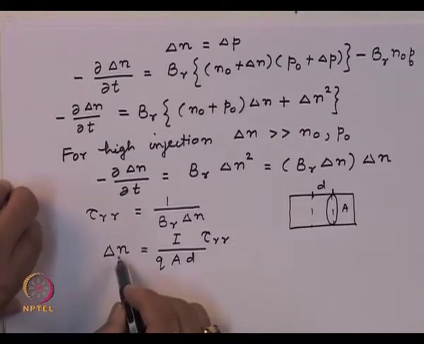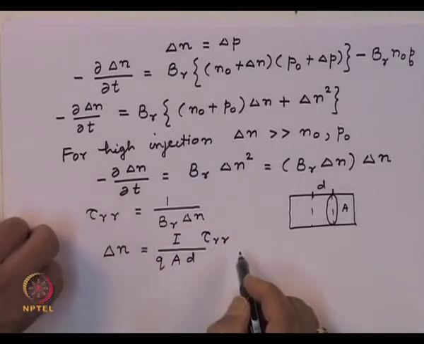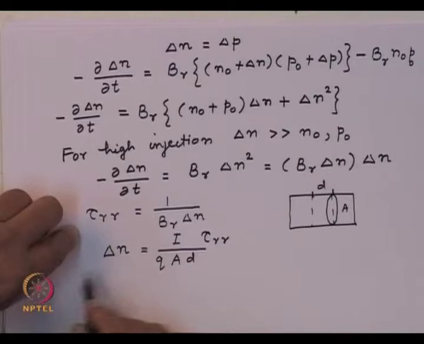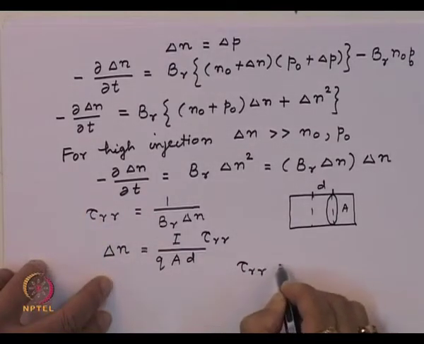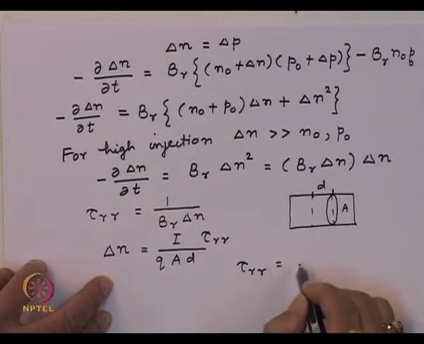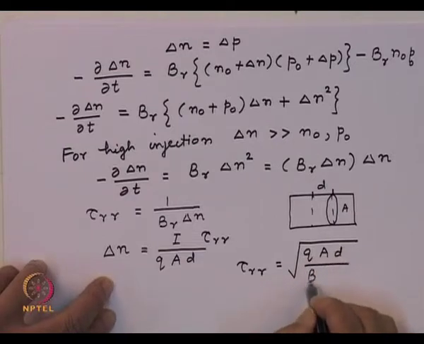If I take this delta n and substitute into this, I will get a term which is tau rr square. So, by substituting this, we can get tau rr equal to square root of q A d divided by the recombination constant Br times I.